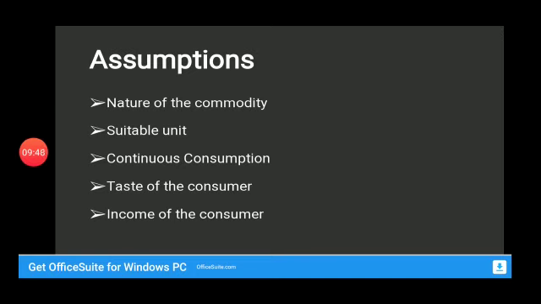Then, continuous consumption. It says that the law of diminishing marginal utility will hold only if the consumer is consuming continuously. If I am drinking a glass of water now, then the second one would have less utility, the third one would have less utility, if I am drinking the water continuously.